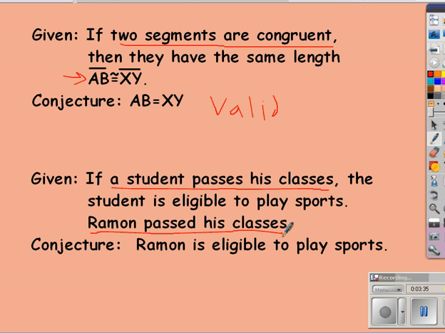Those match. Since they match, we can use the law of detachment to say the conclusion must be true, that Ramon is eligible to play sports. So this is a valid statement. So that's the law of detachment.